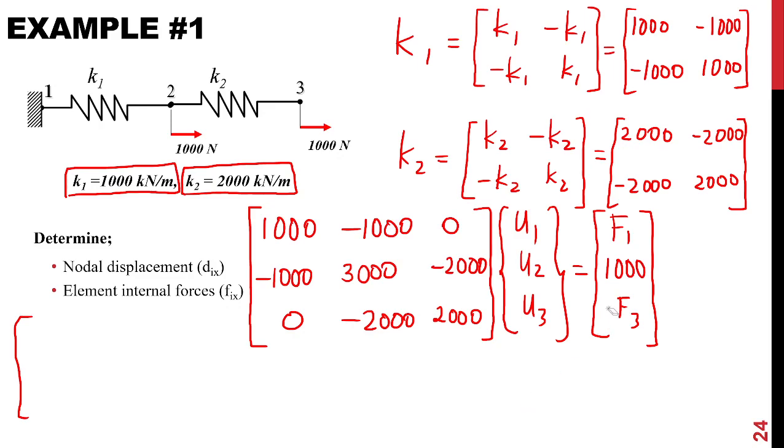F3 pun dah tahu ni. Ni F3. Yang ni F2. F1 ada kat sini tapi tak tahu value dia. Letak F1 lah. This one is 1000.